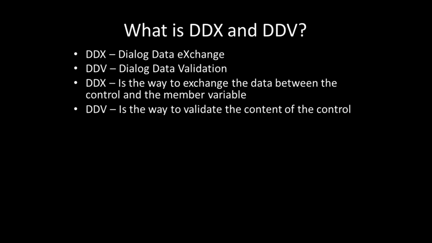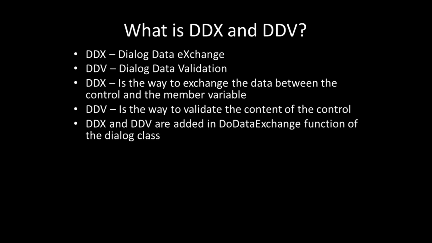But with DDV, we can add a validation concept where you can tell, okay, this is the field to enter the age, so it can only be a number, and you cannot enter any alphabets. So with DDV, it is possible to build such validations. So MFC will take care of the value entered in your control without writing a single line of code.